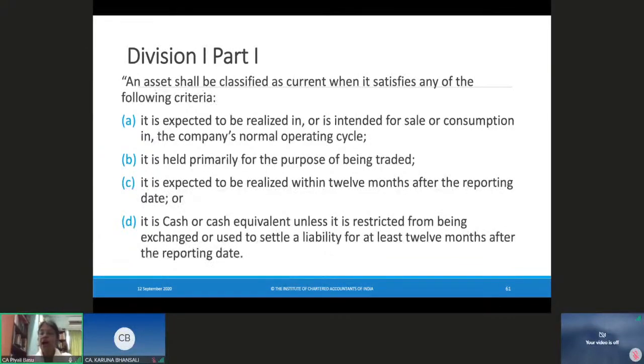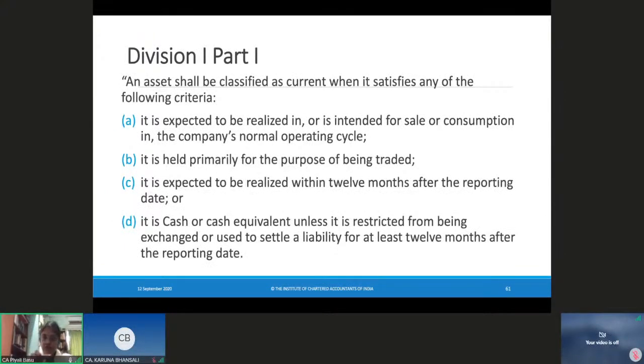But you won't receive that before your work is completed in that particular company. Maybe this company is supplying something, and it has to be installed, and then the warranty period has to be over, then only it will be realized. So if it is not within 12 months, then it cannot be considered as a current asset.